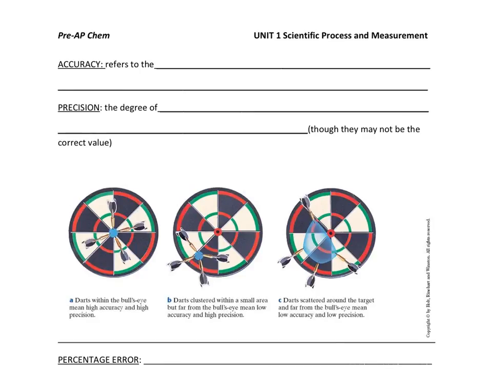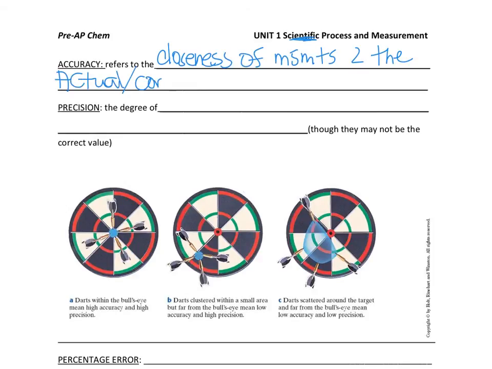Our next little section is just, again, to be able to communicate scientifically to people. Accuracy refers to the closeness of a set of measurements to the exact or to the actual or correct value of the quantity that is measured.